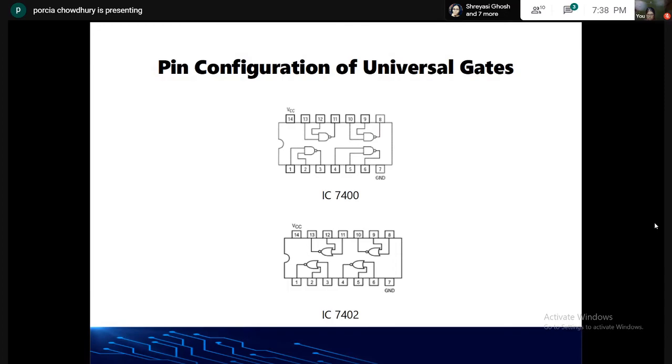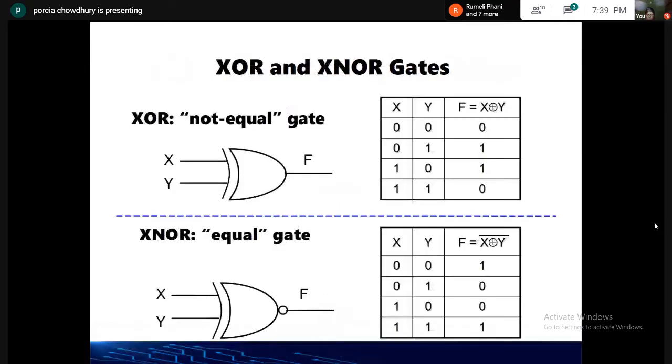Ma'am, for opposite input values we will get output 1, and for the same input values we will get 0. Absolutely. So XNOR will be just the opposite or complement of it, isn't it? So for XNOR, when the input lines are similar, we will receive 1, and when the input lines are dissimilar, we will receive 0.